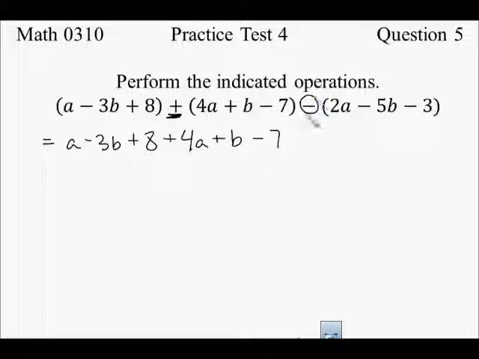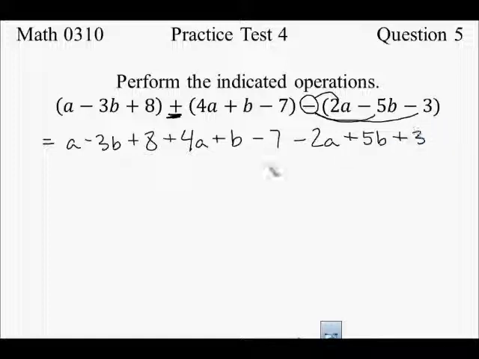And now here we're subtracting each of these terms, so minus 2a, and we have minus a negative 5b. Minus a negative is the same as add, so a positive 5b there. And then we also have minus a negative 3, again minus a negative same as plus 3.